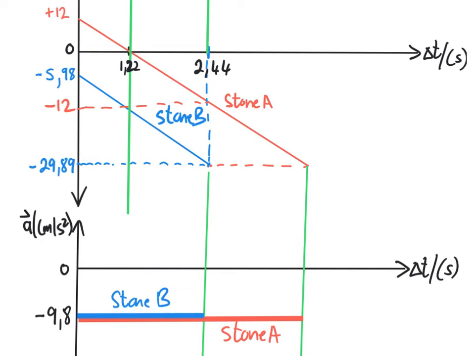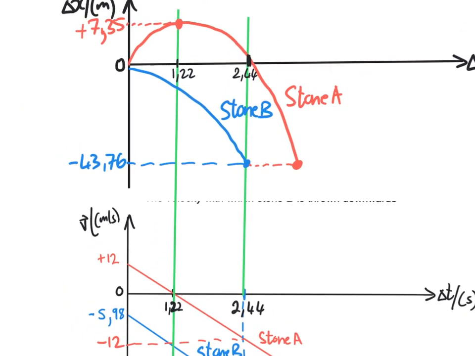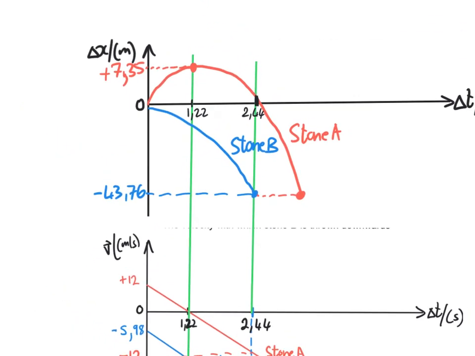So in the sketch graph, not 100% accurate, it's just a basic shape. But what we do know is that in the total time that stone A is traveling, its acceleration is also minus 9,8.